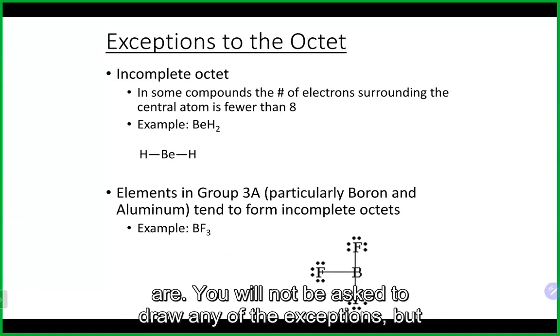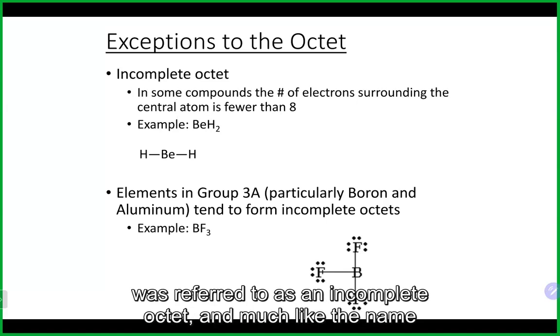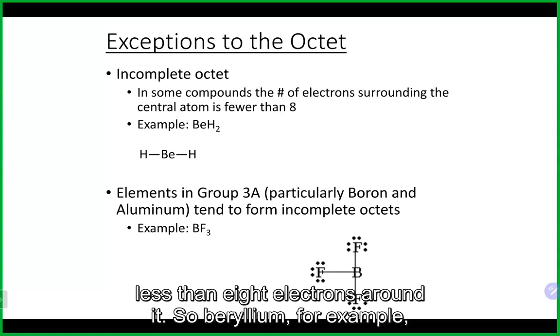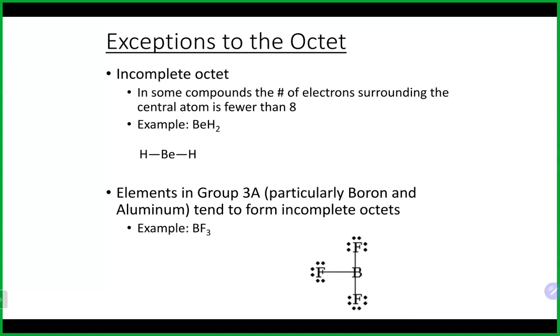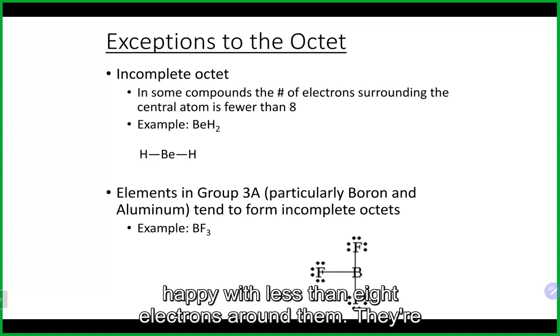You will not be asked to draw any of the exceptions, but you just need to know what they are. One exception is referred to as an incomplete octet. And much like the name implies, there are some elements that are perfectly fine with less than 8 electrons around them. So beryllium, boron, and aluminum are 3 elements that are perfectly happy with less than 8 electrons around them.